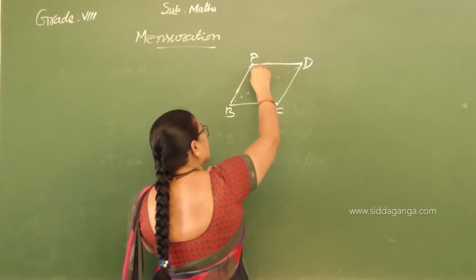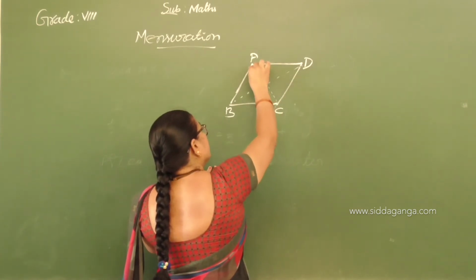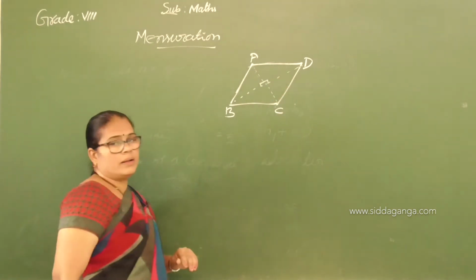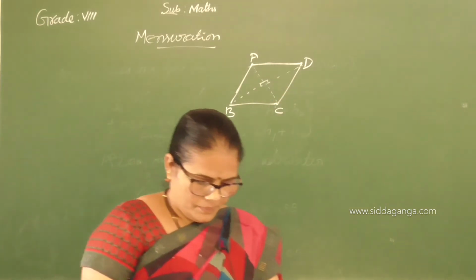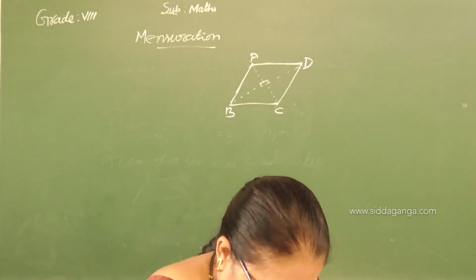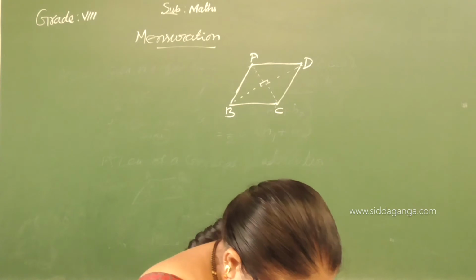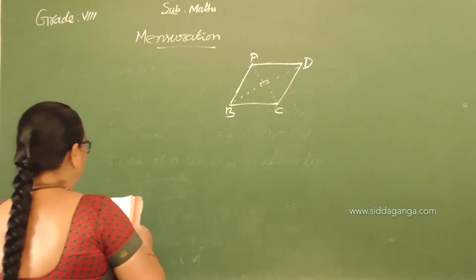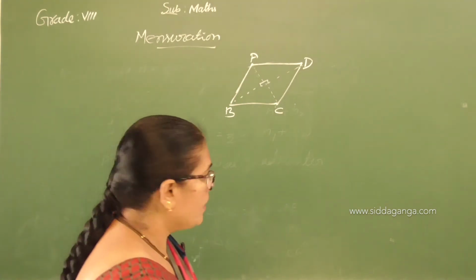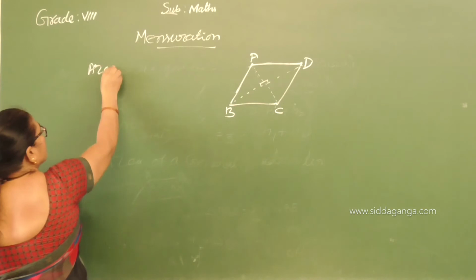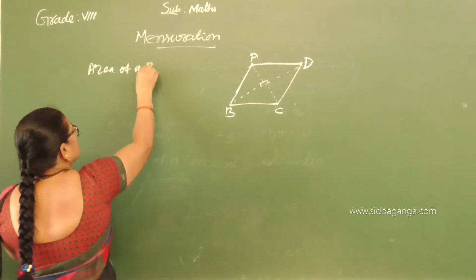BD and AC are the diagonals. In a rhombus, the diagonals are perpendicular to each other, perpendicular bisectors. So we have to take the area of a rhombus.